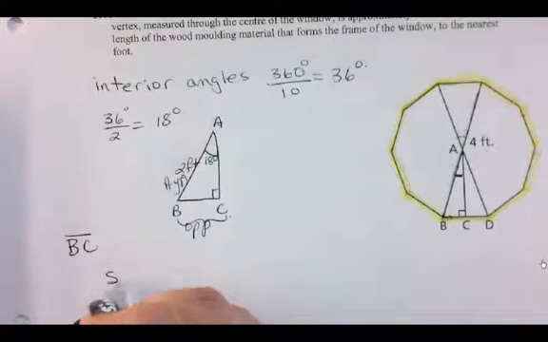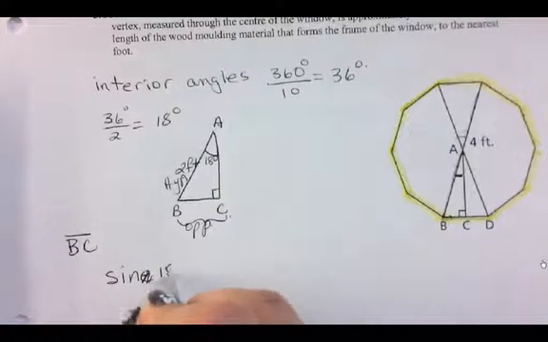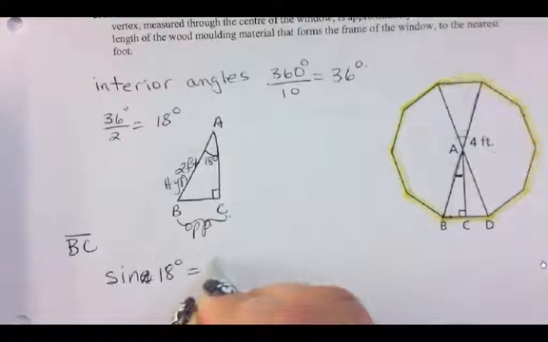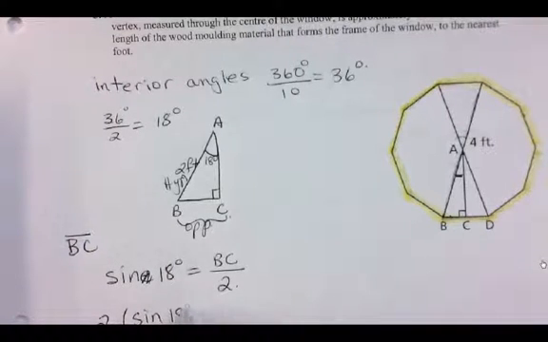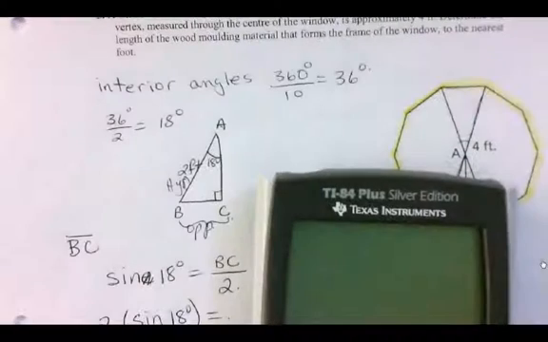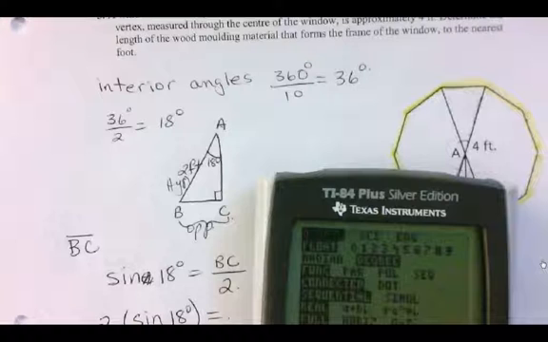So we've got sine 18 degrees equals opposite, which is line BC, over hypotenuse, which is 2 feet. Okay, so now I've got 2 times sine 18 degrees equals line BC. What is that? What could it be? All right, make sure, okay.